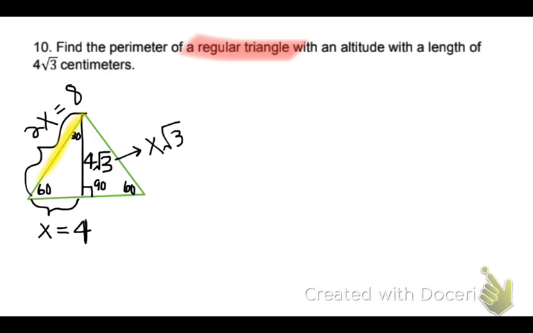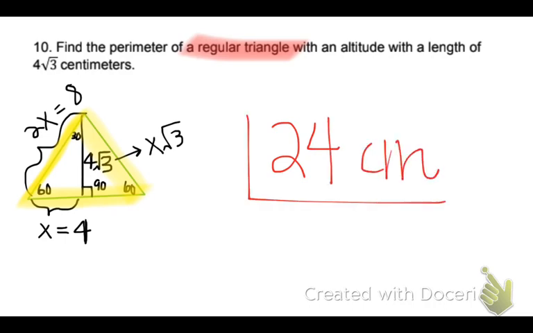The perimeter of that side plus that side plus that side. So each of those sides is going to be 2x in length, which we decided was 8. So 8 plus 8 plus 8, or 8 times 3, we get a perimeter of 24 centimeters. And then we would be done.